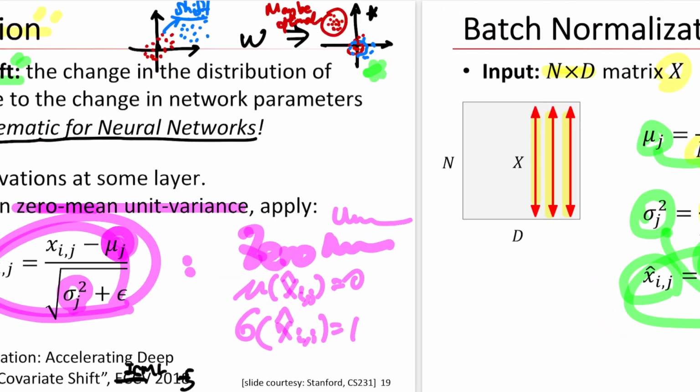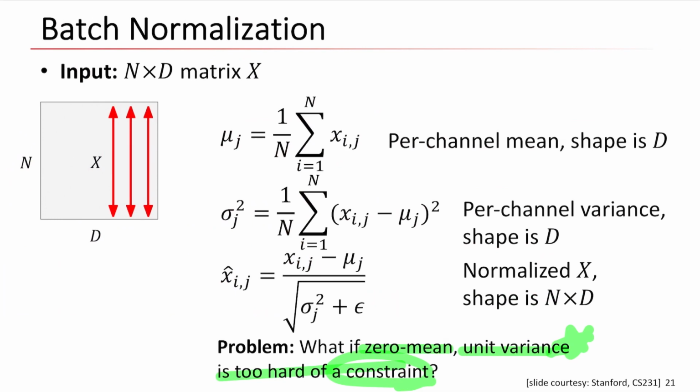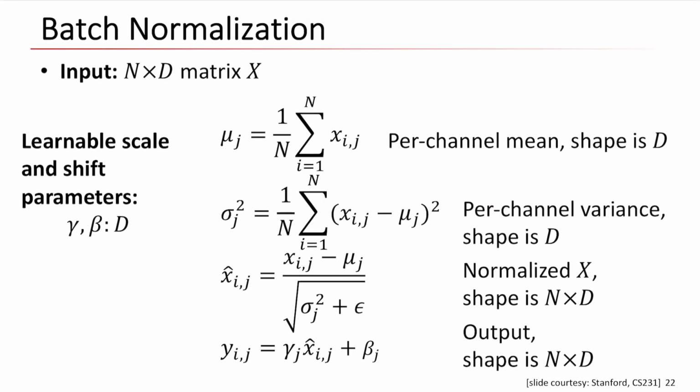So we need another term to solve this problem, right? So here we introduce the learnable scale and shift parameters, gamma and beta, right?